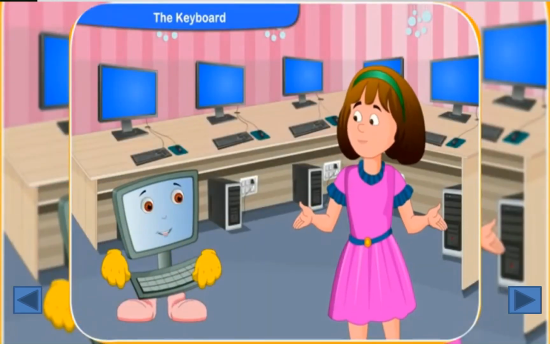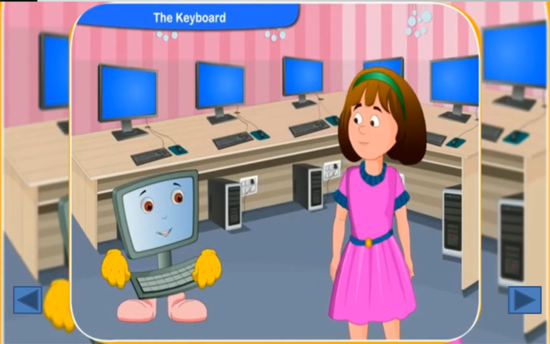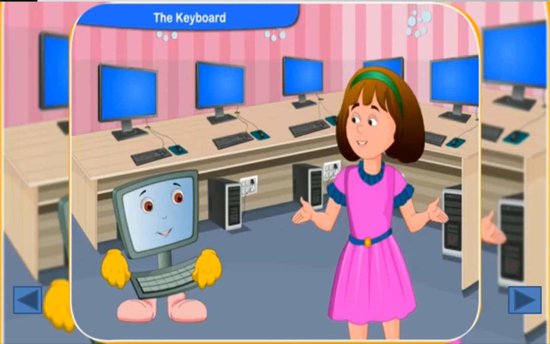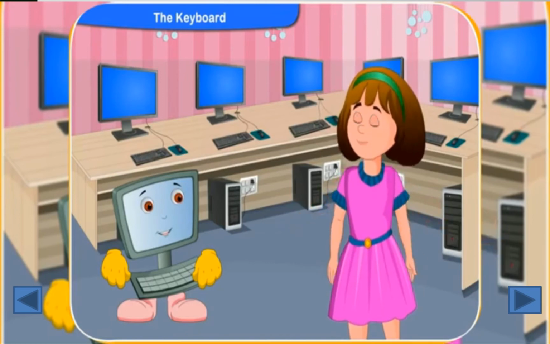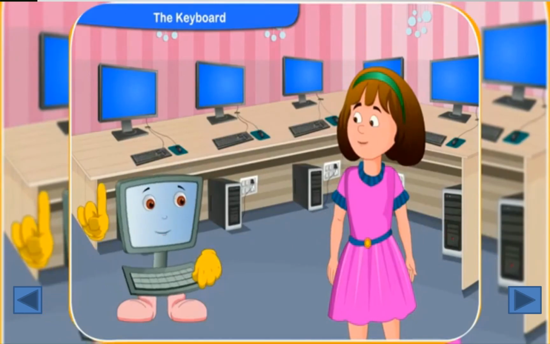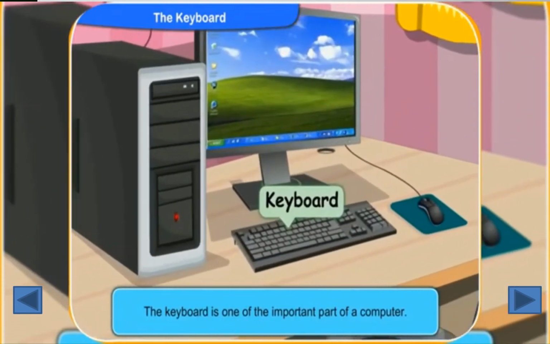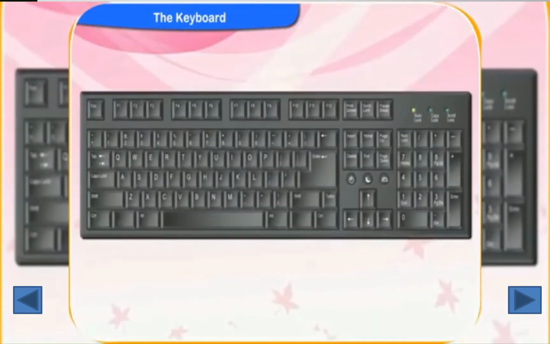Hi, Kliko. I'm back to know more about computers. Today, I want to know more about the keyboard. Welcome back, Rini. I have told you that the keyboard is one of the important parts of a computer. Do you remember what a keyboard is used for in a computer?